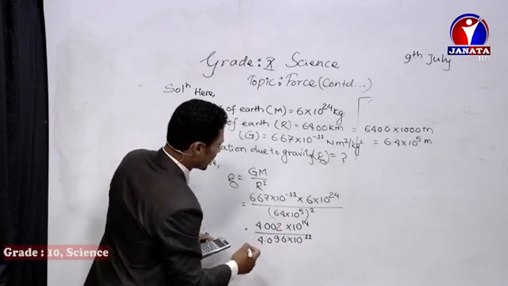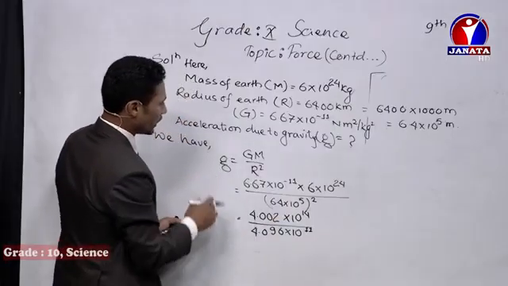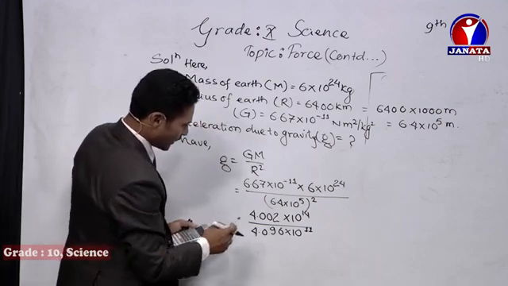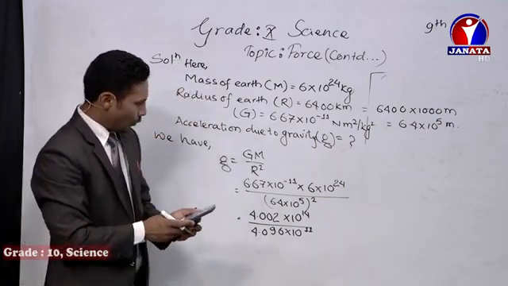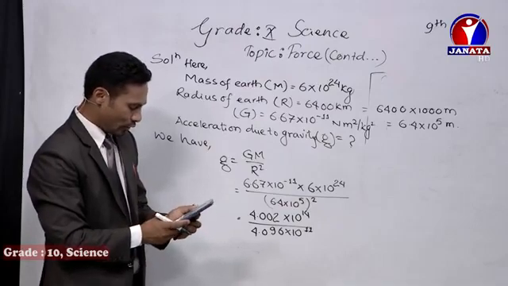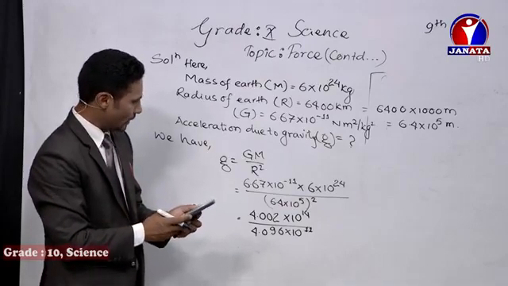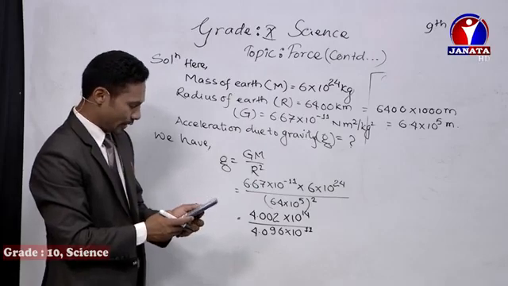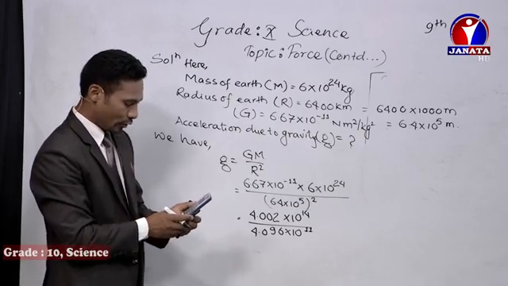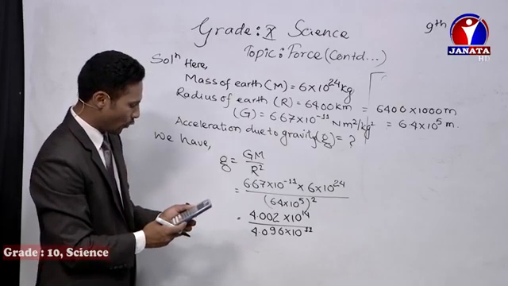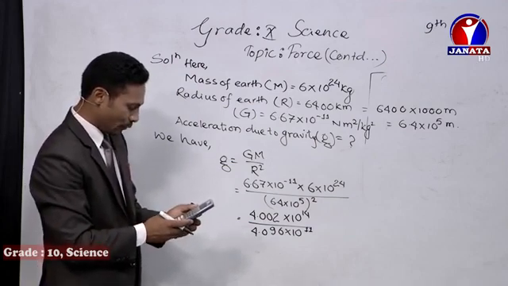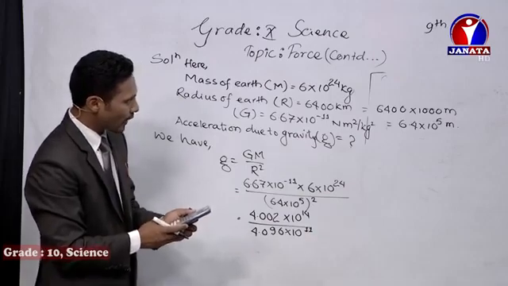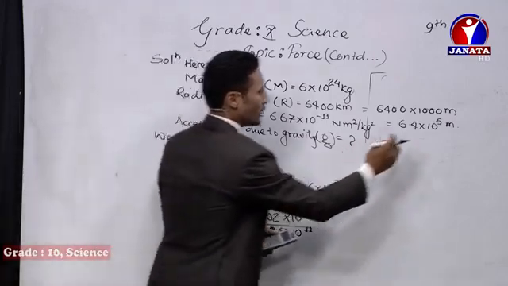This one is g. Let me check this again. 6.67 into 10 to the power minus 11 into 6 into 10 to the power 24 kg gives 4.002 into 10 to the power 14. And similarly, 6.4 into 10 to the power, sorry, this should be 6.